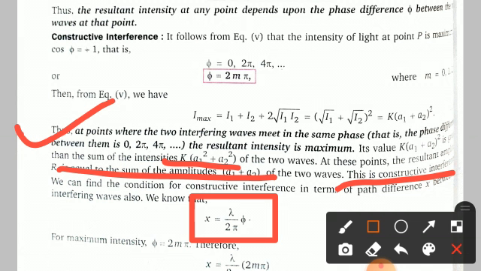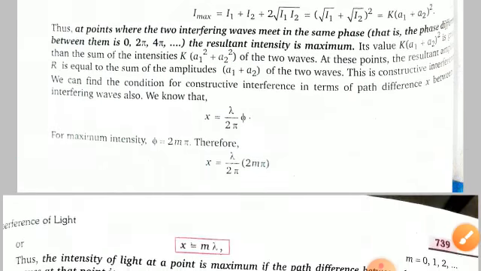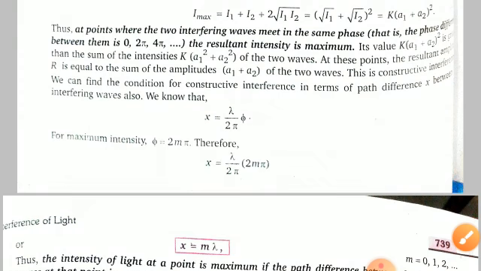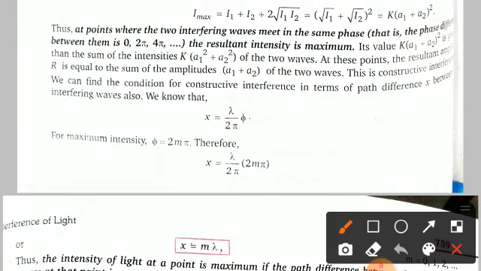For maximum intensity we considered phi equals 2 m pi. So in place of phi, x equals lambda by 2 pi into 2 m pi. The 2 pi and 2 pi cancel out, so x equals m times lambda, meaning the path difference is related to the wavelength of light.